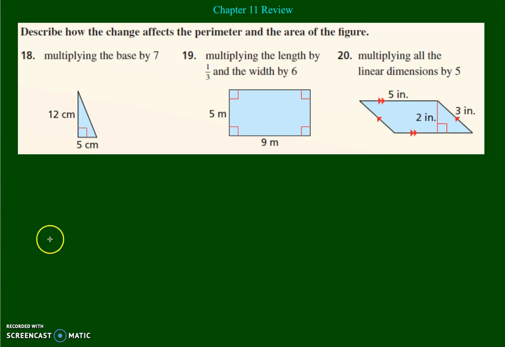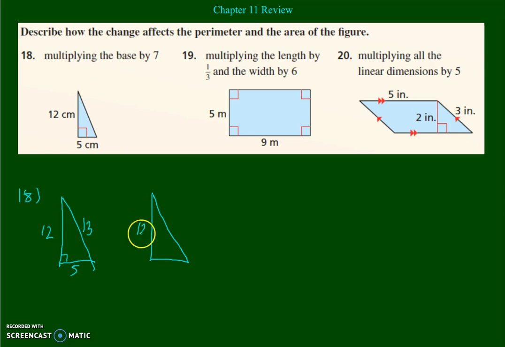In problem 18, what we're doing is we're going from this triangle, so we have a triangle that has a 5 and a 12, which gives us, since this is a right triangle, a 5, 12, 13 right triangle. And we're going to a new triangle, and we're multiplying the base by 7.